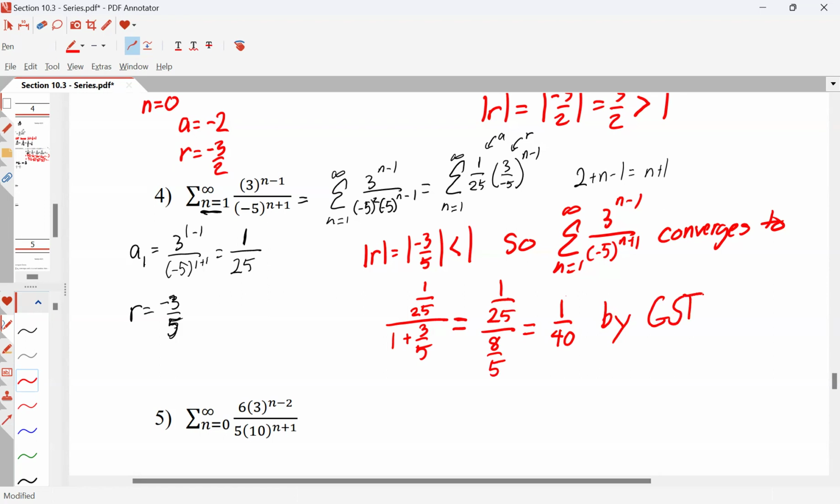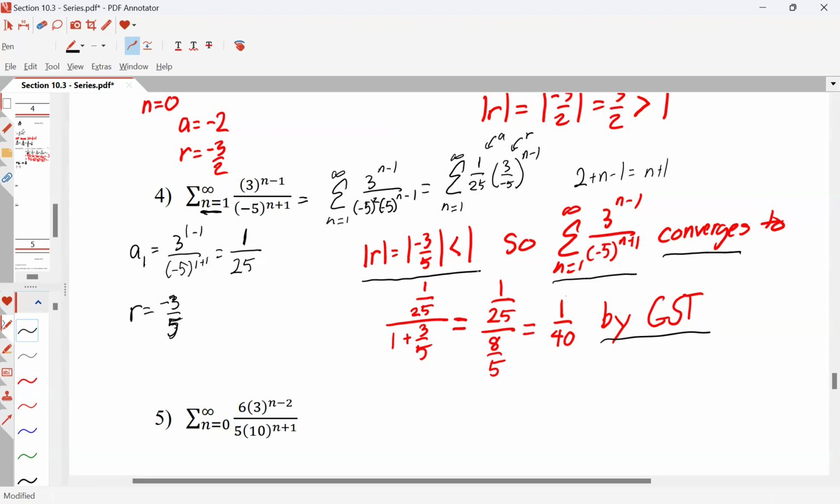If you're noticing at the end of these, there's always this conclusion sentence. And as we add more tests, these conclusion sentences are going to become more and more important. But the conclusion sentence we need is: the series converges by some test, and the reasoning with that test. So series converges or diverges by test with reasoning. For geometric series, we know what they converge to, so we include that information.